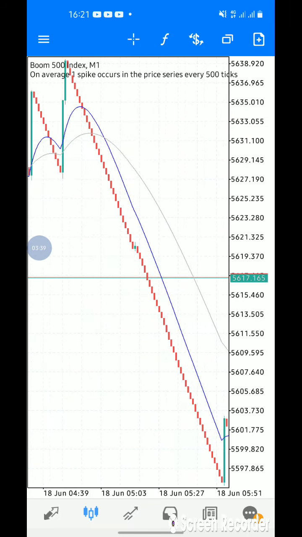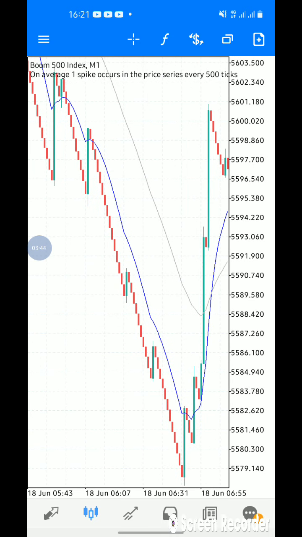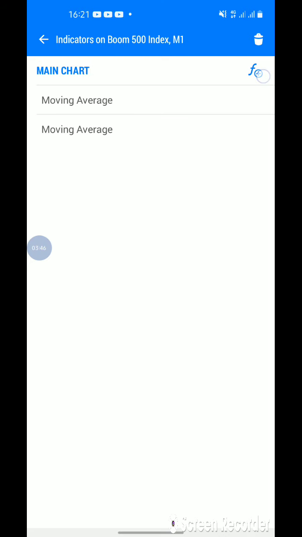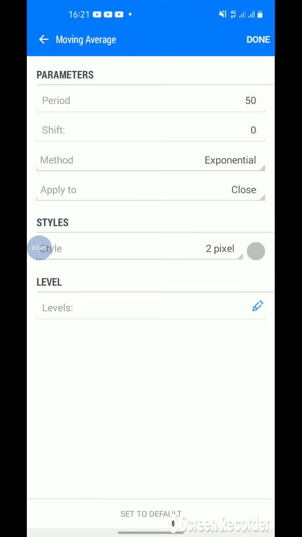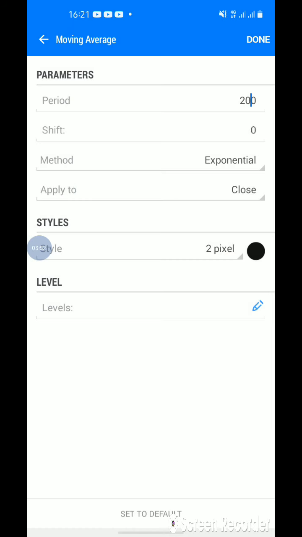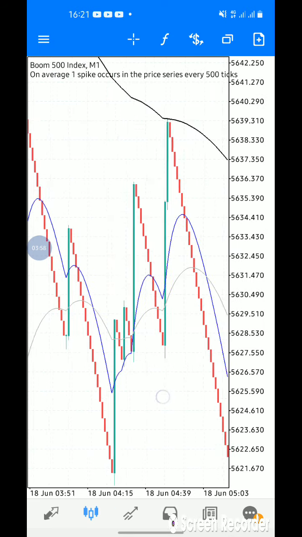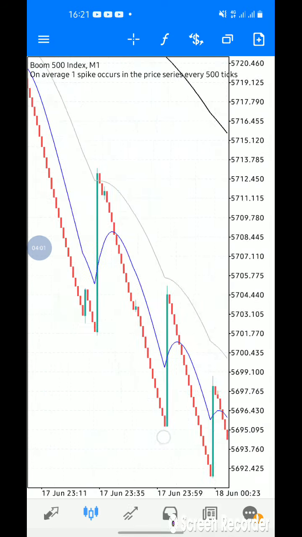That's the gray line. It means a lot. It's the terminal line. If price goes past that, it means something. And then let's put the 200 and make it pitch black. So the black line determines the main direction of the trend.